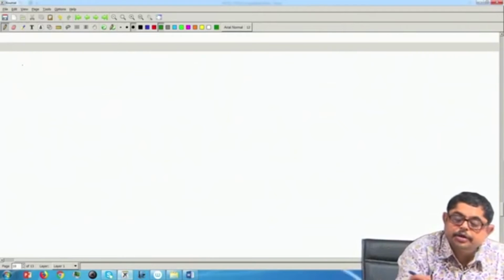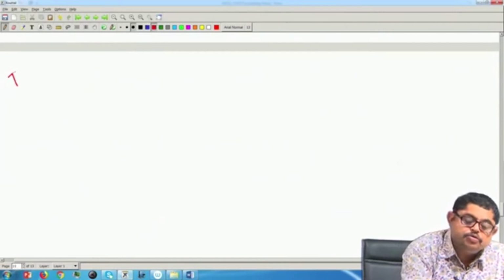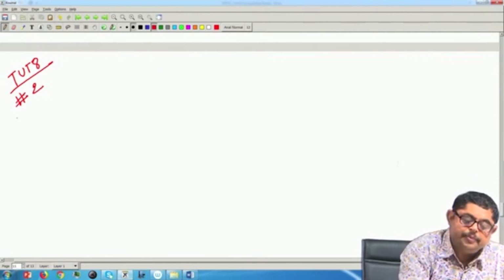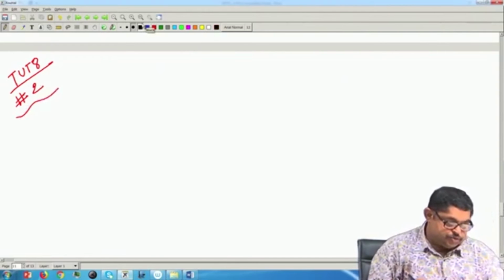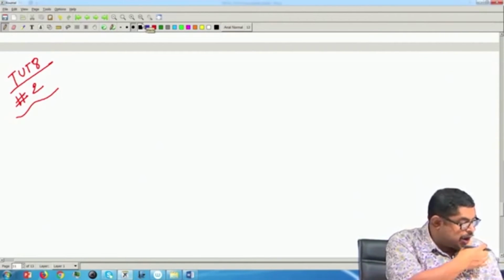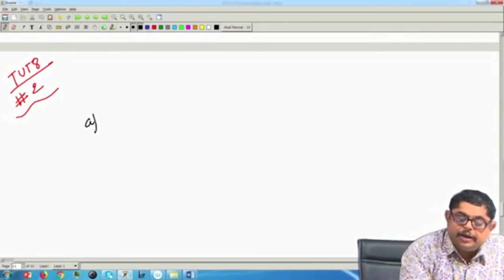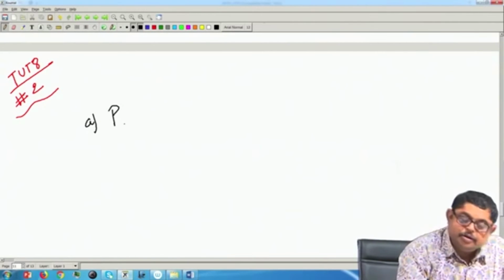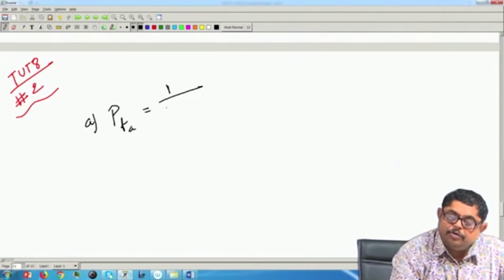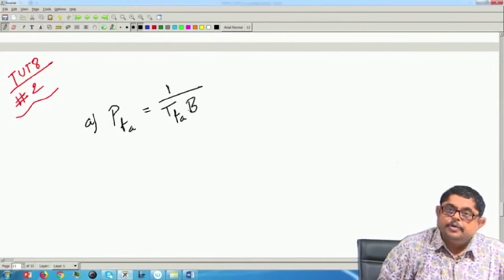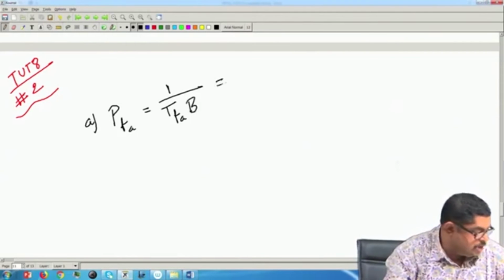So, I can say tutorial 8 problem 2. So, part A, I will have to find the probability. We have already found this out in the theory class: TFA into B, TFA is given, bandwidth given.